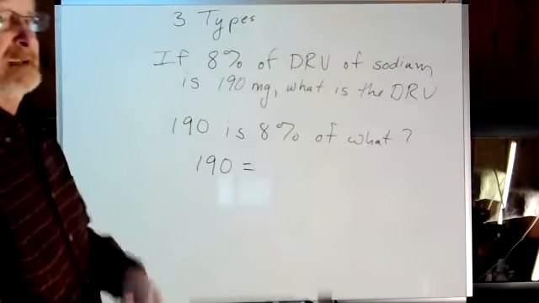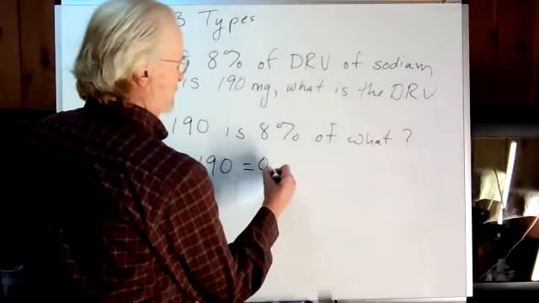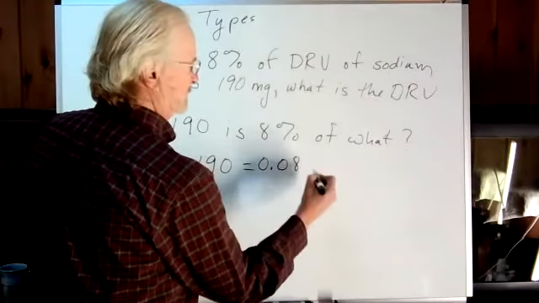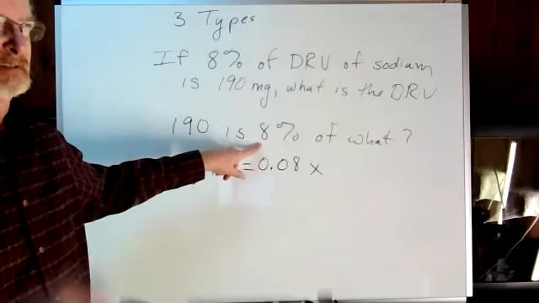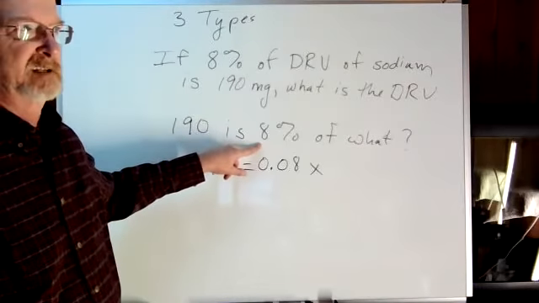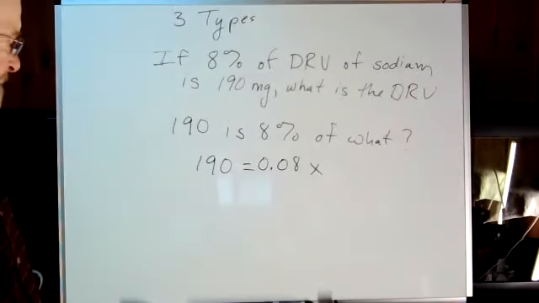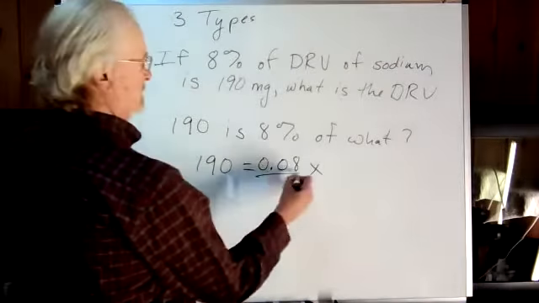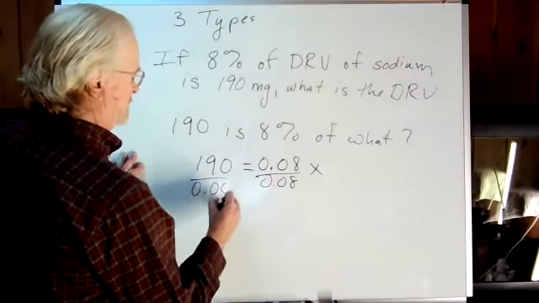Right? 8%, how do I write that? Two places. I always do the zero in front thing. Right, 8%. Yeah, if I've got a single digit percent, there's always a 0.08. And divide to get x alone.